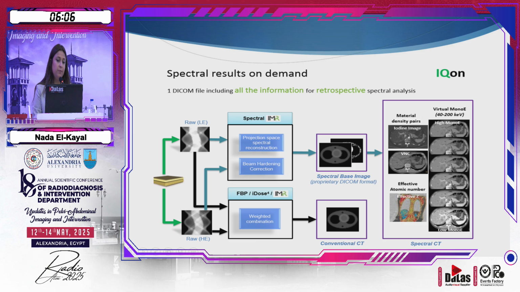These spectral-based images are either energy-specific images, which are the mono-E images, ranging from very low 40 keV to 200 keV, and the choice of the image energy depends on the diagnostic task, or material density images, such as iodine images, virtual non-contrast images, and effective atomic number images.